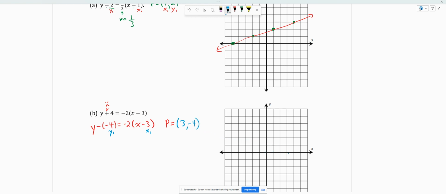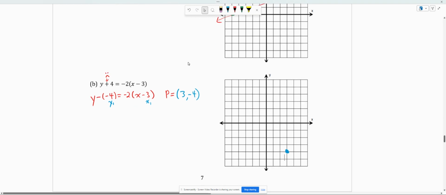That's going to be a positive 3, down 4, which is right down there. Next, let's use our slope. Our slope is right here. We're just going to put it over 1. We have negative 2 over 1, so m is equal to negative 2 over 1. We're going to use that slope to plot some points. Down 2, to the right 1 gives me a point. I can't go any further, so let's reverse that. Let's go up 2, to the left 1, up 2, to the left 1, and let's fit as many as we can, so it makes it a little easier to draw this line.